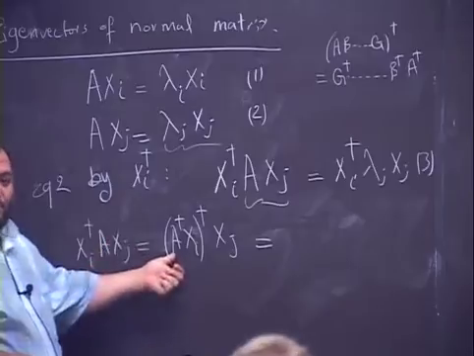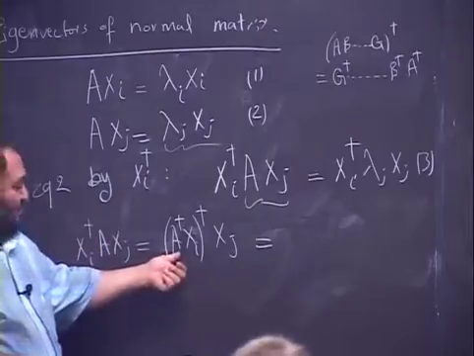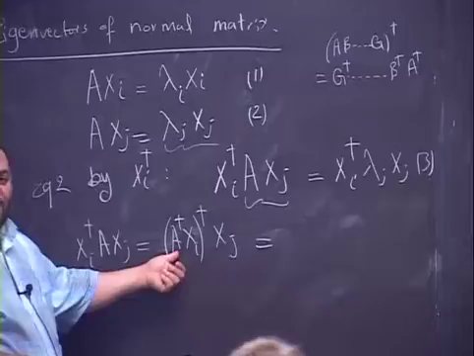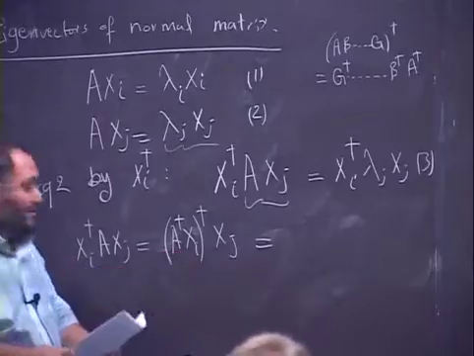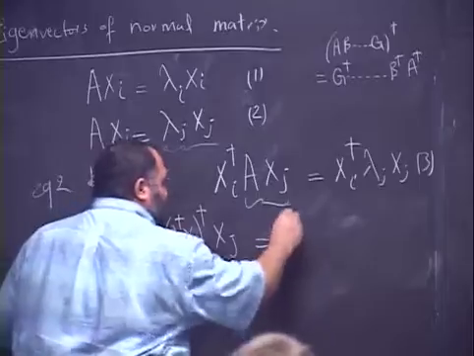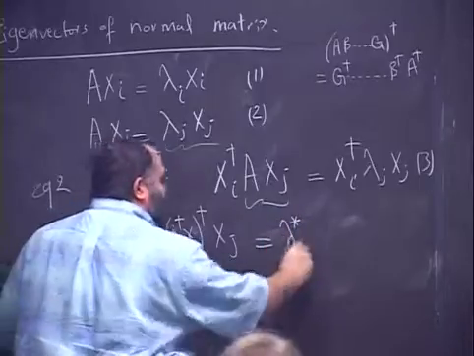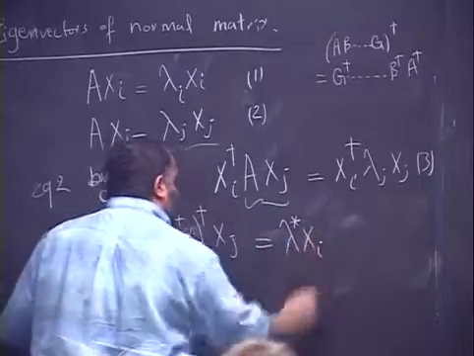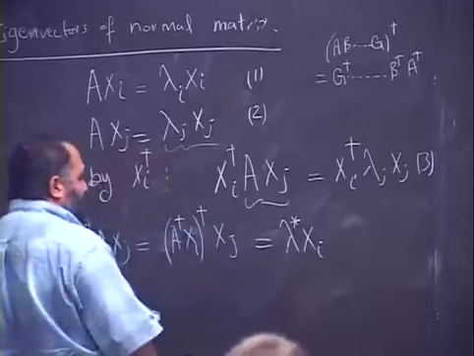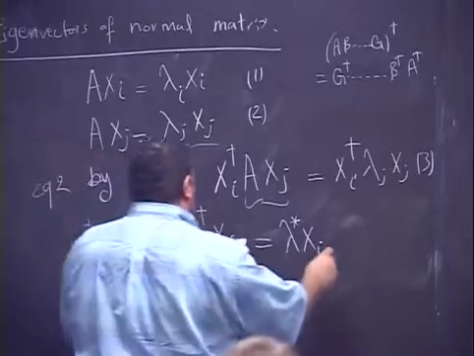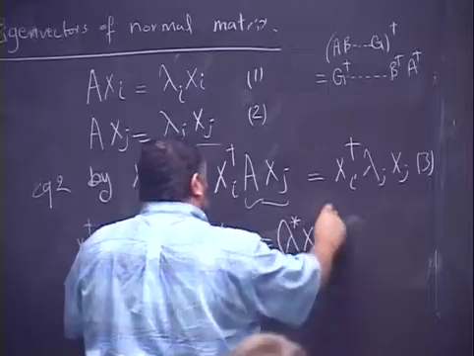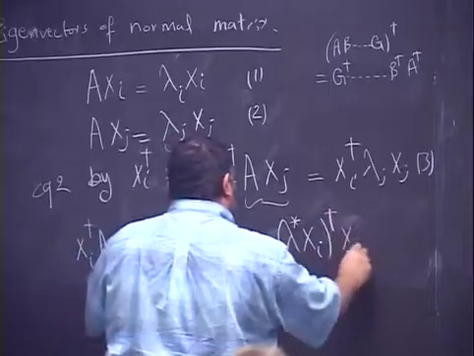What will be the eigenvalue for A dagger? It will be the complex conjugate of lambda multiplied by Xi, and this is dagger Xj.